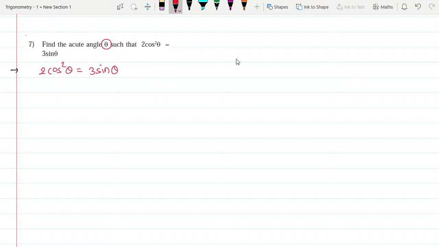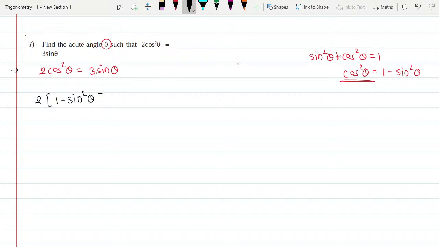Yes, I know the identity that sin square theta plus cos square theta equals 1. So cos square theta is nothing but 1 minus sin square theta. So I can directly replace cos square with 1 minus sin square in this question. So it becomes 2 into 1 minus sin square theta, which equals 3 sin theta.